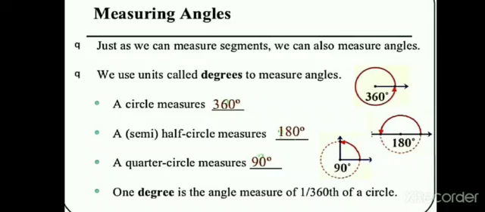If I say 90 degrees, that means 90 by 360. If I say 180 degrees, that means 180 by 360. If I say 1 degree, that is 1 by 360. If I say 70 degrees, it means 70 by 360.